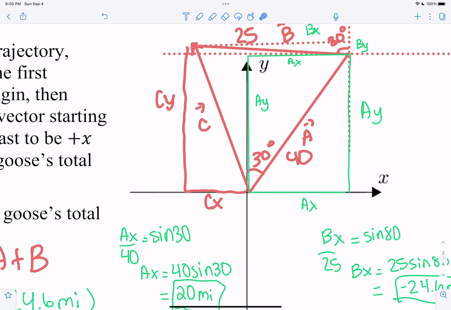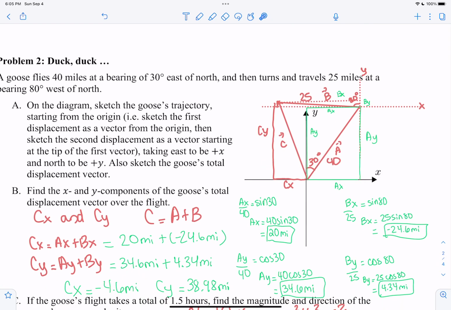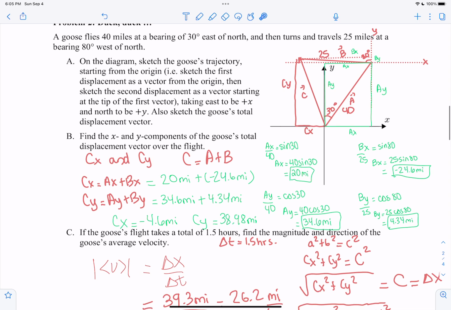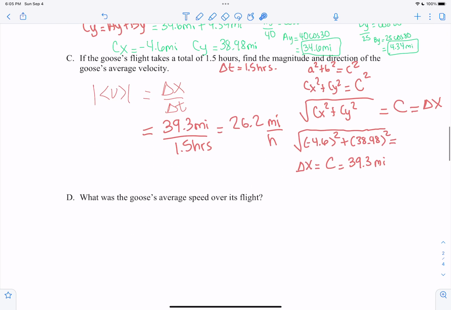Do you guys want to do west of north or north of west? Once again, it really does not matter at all. I've already done north of west, so we could do that one, or if you guys want to change it up and get the west of north answer, it doesn't really matter to me.